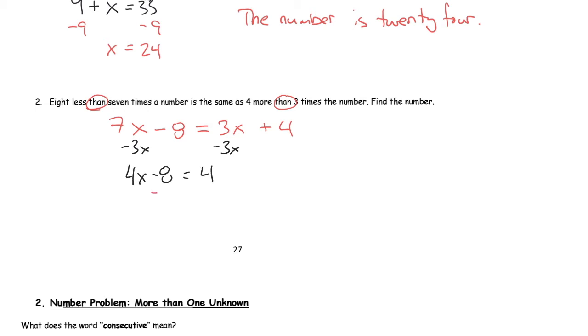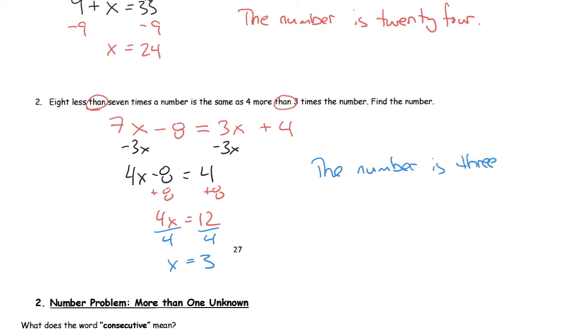And then I'm going to bring the 8 over by addition, and I will get 4x is equal to 12. And then finally, I'm going to divide both sides by 4 to get x is equal to 3. So the number is 3.